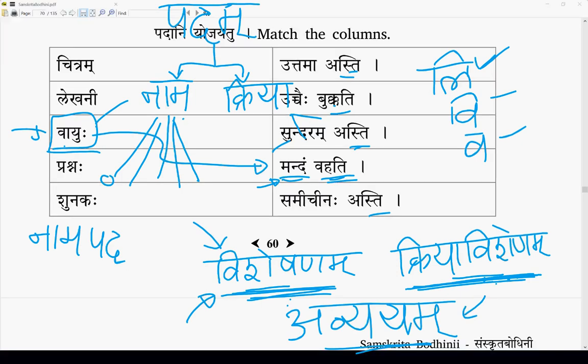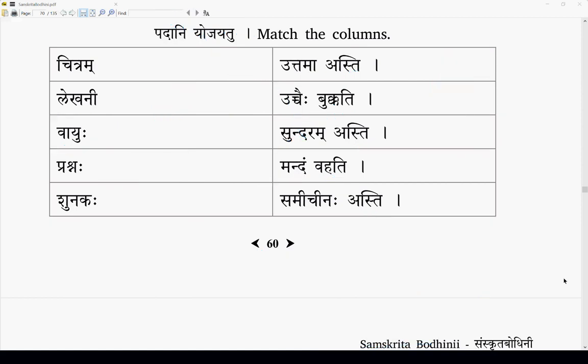Okay, so in this case, Vayuhu mandam vahati. It is a kriya visheshanam, is that clear? Yes, Mahodaya. Kriya visheshanam is a namapadam. Now the question comes, what is the lingam, vibhakti, vachanam? If you know that it is avyayam, just say it is avyayam. And in this case, it is avyayam.